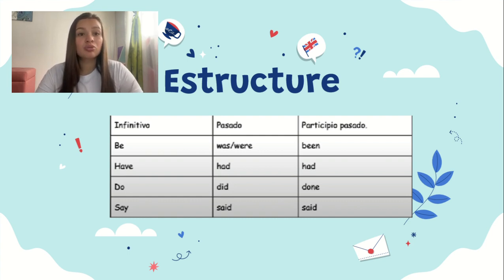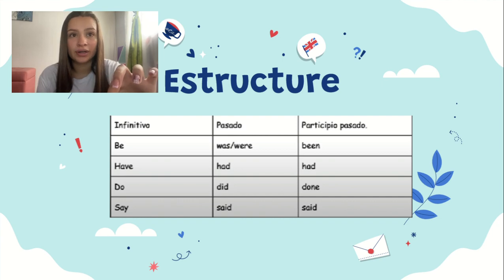In this case, we need to use the third column. For example, the infinitive is be, the past is was or were, and the participle form is been. We are going to use this third column, and don't forget.